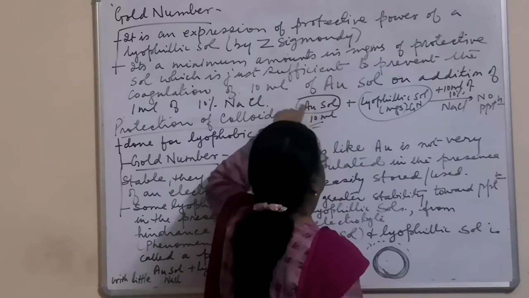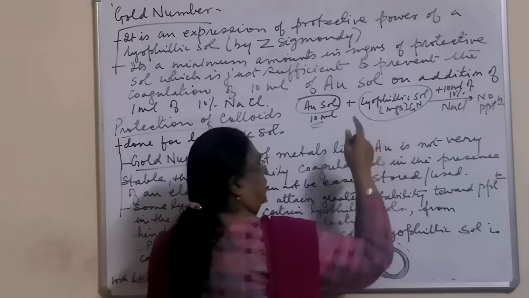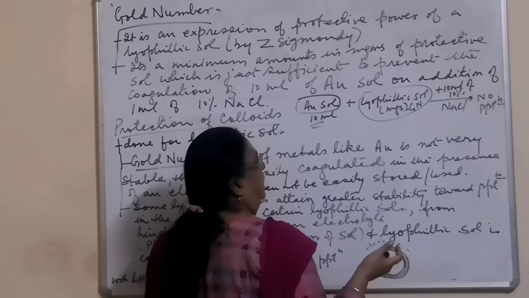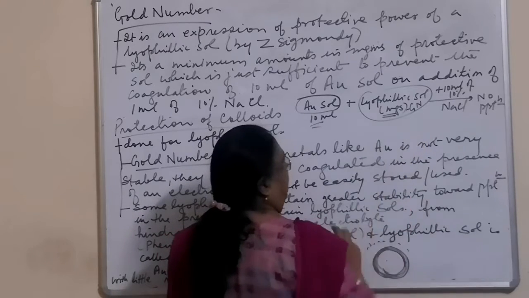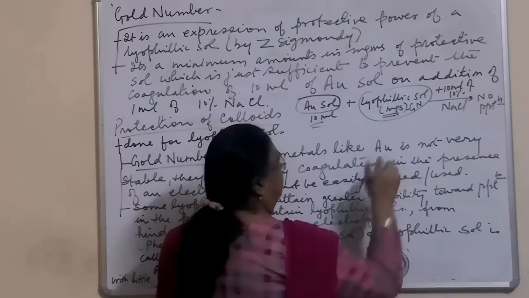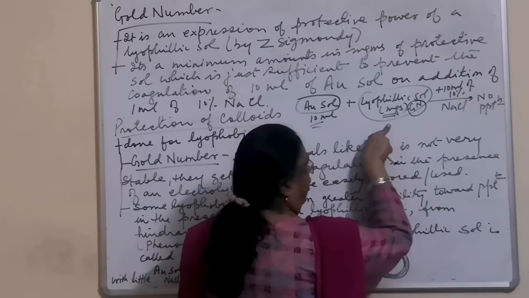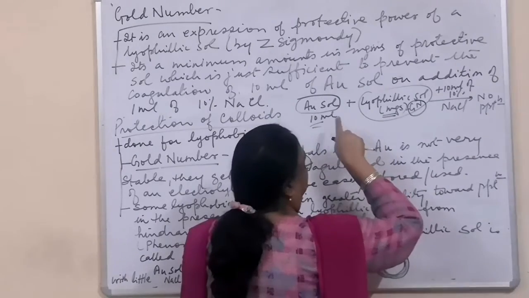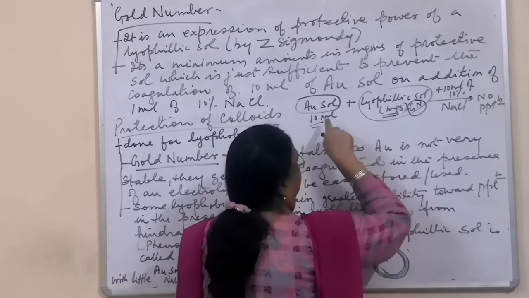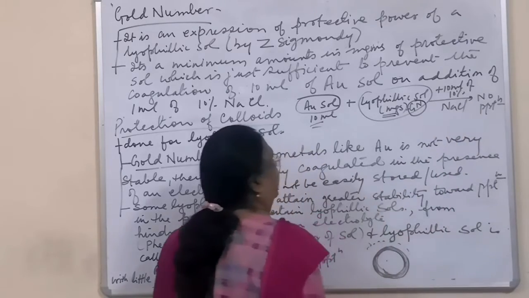If you have taken 10 ml of this, then to this you add some lyophilic sol like gelatin. The very small amount of gelatin in milligrams that you add is called the gold number, because that little amount of gelatin will protect the gold sol from being precipitated, although sodium chloride will be there.